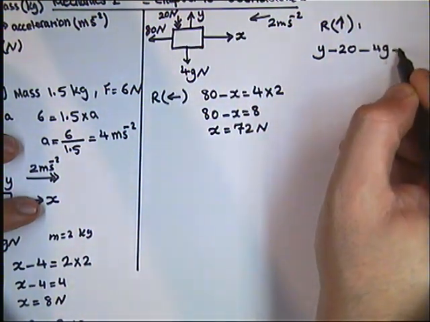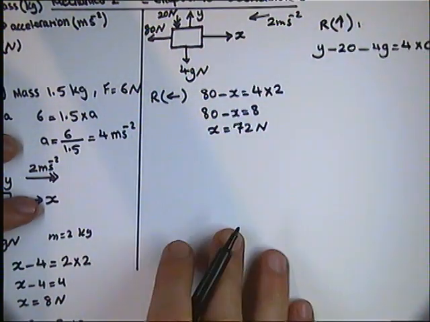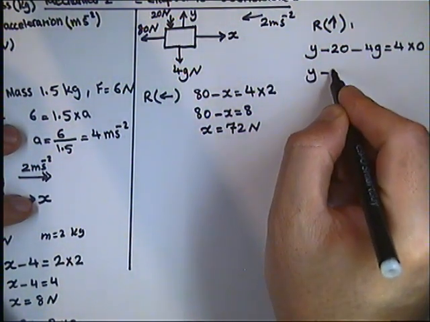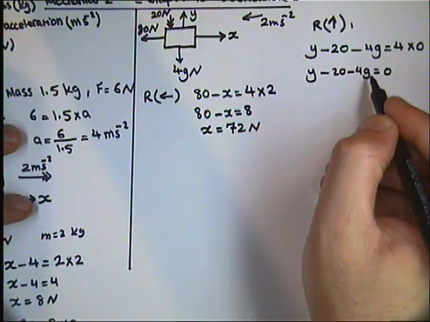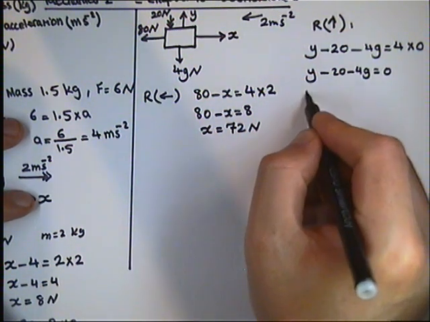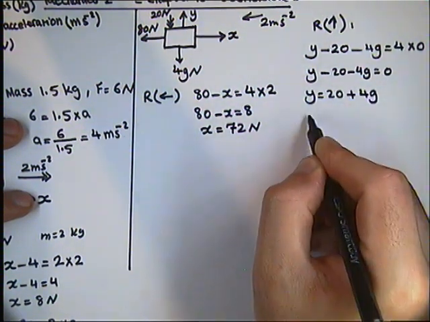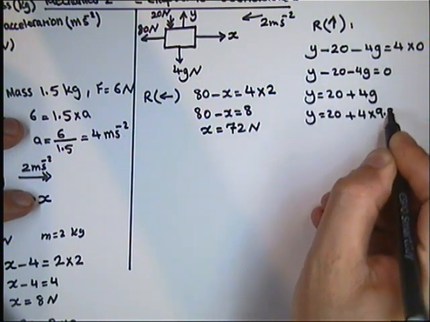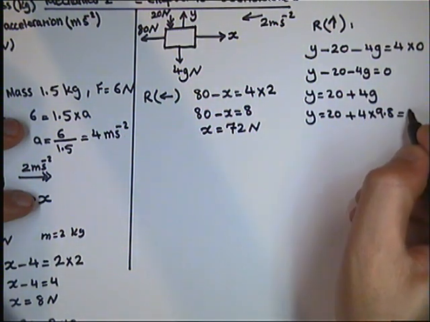Minus 4g must be equal to mass times 4 times 0, because acceleration is again 0 in this direction. Y minus 20 minus 4g equals 0. Therefore y is equal to 20 plus 4g, y equals 20 plus 4 times 9.8, which is 59.2 Newtons.